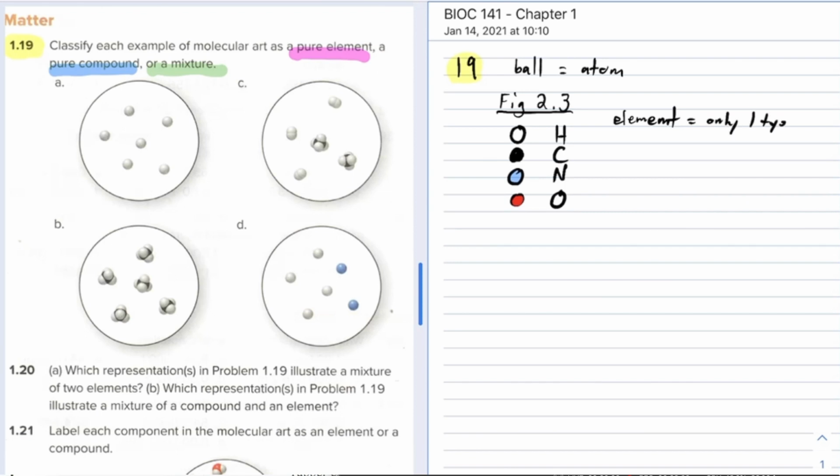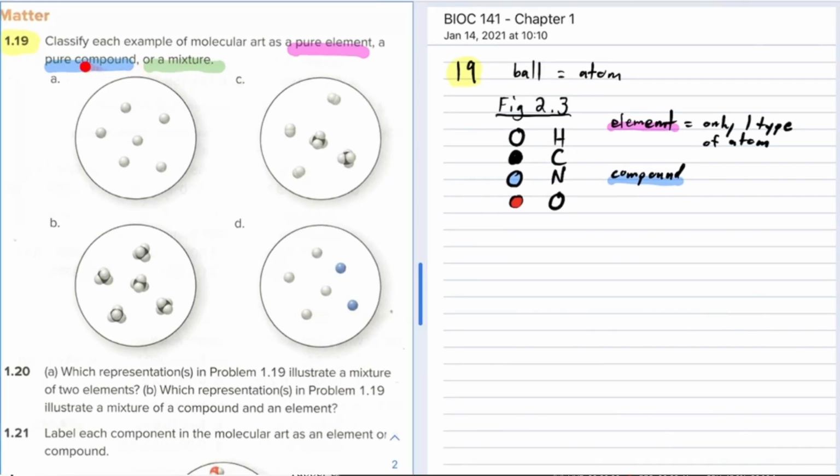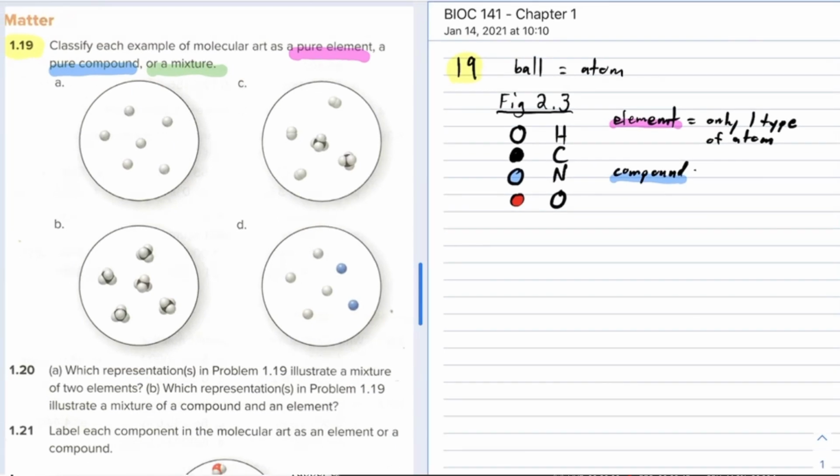An element is a substance where you see only one type of atom. A compound, let me highlight element actually. So elements are pink. A compound, going back to this color scheme right here, compounds are blue, and in a compound, you will see only one type of particle.